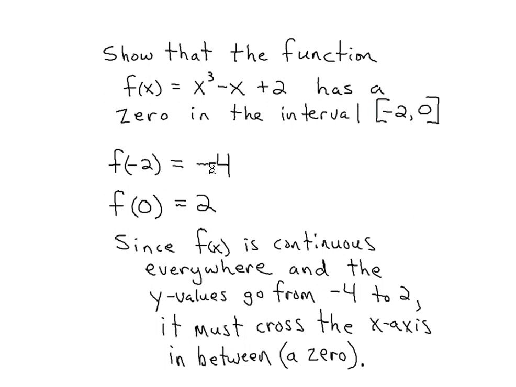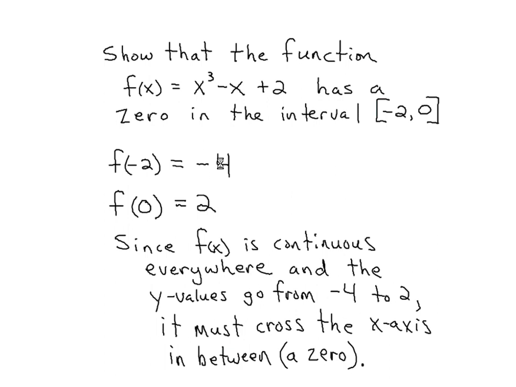Now notice the function goes from being negative to positive. We're talking on the y-axis now. Now if this function is continuous, which it is, because remember, polynomials are continuous everywhere, and this is a polynomial. And because it goes from being negative to positive, then at some point, if you're tracing it through, it must cross the x-axis.